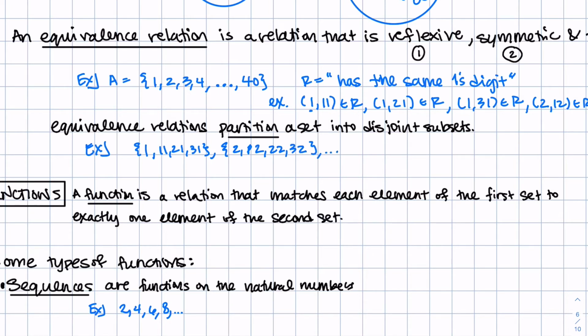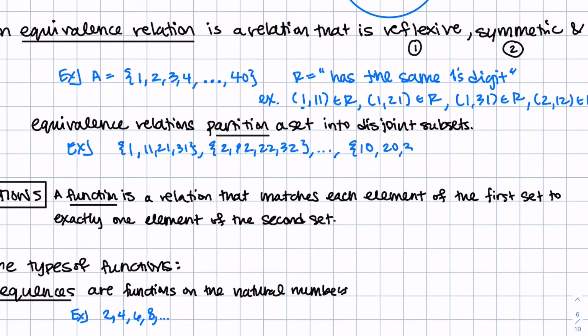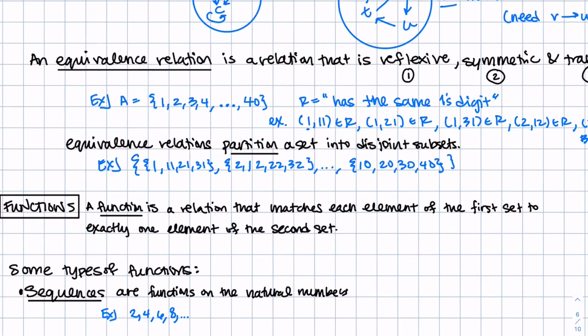And I can do this with all of my digits, including 10, 20, 30, and 40. All of these little subsets are going to be disjoint, meaning they don't have any common elements. So it's my way of partitioning a set.